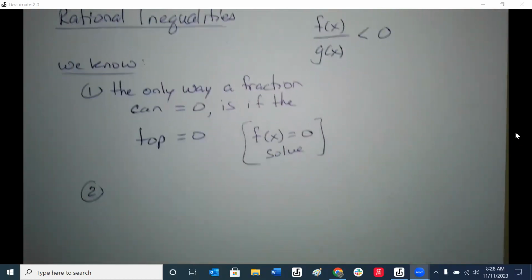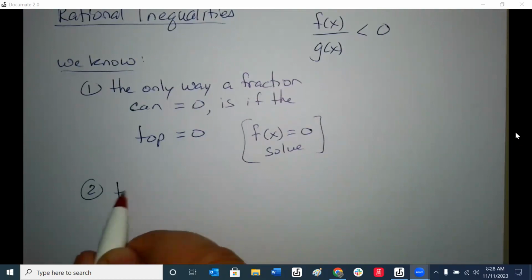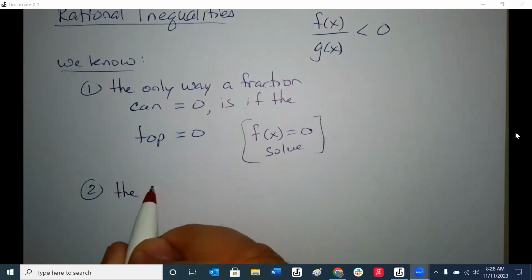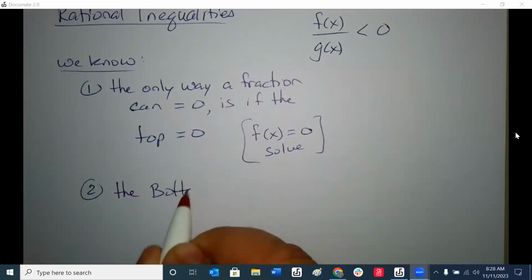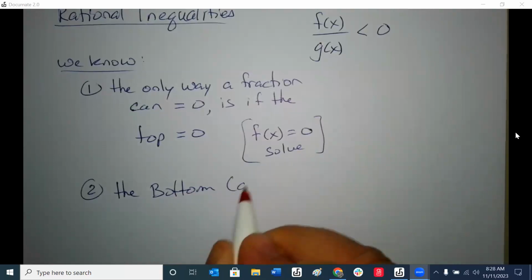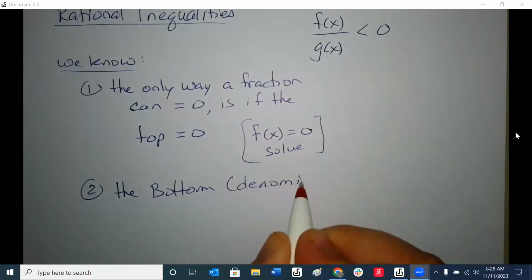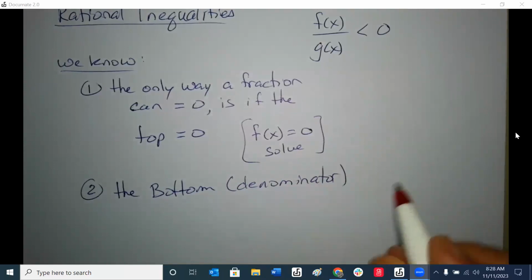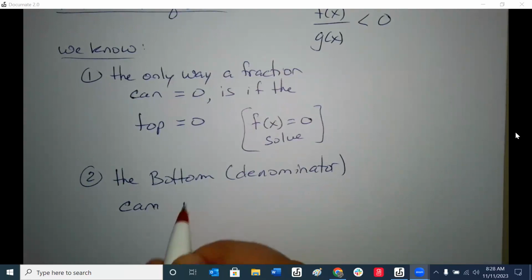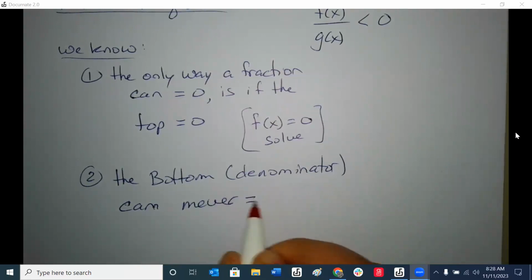Second thing we know, the bottom, or the denominator, can never equal 0.